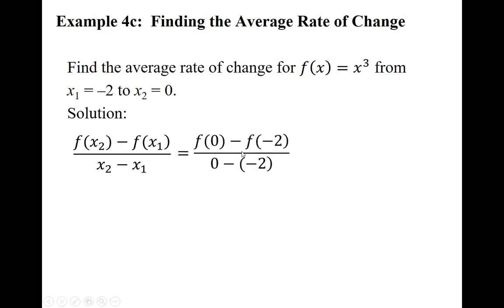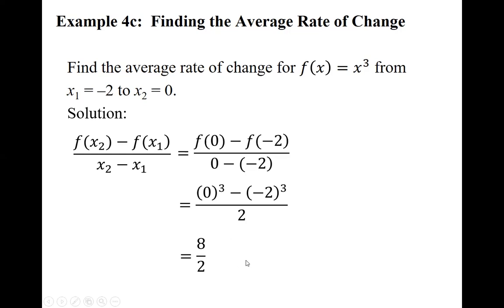So we get 0 minus -8 over 0 minus -2, excuse me. 0 minus -8 is 0 plus 8, which is 8. 0 minus -2 is 0 plus 2, which is +2.